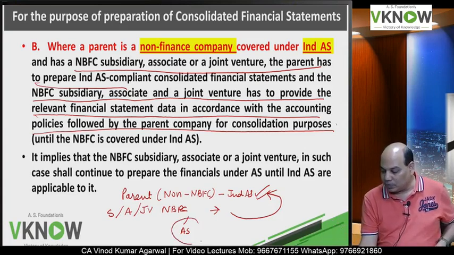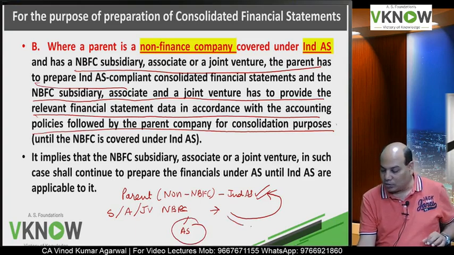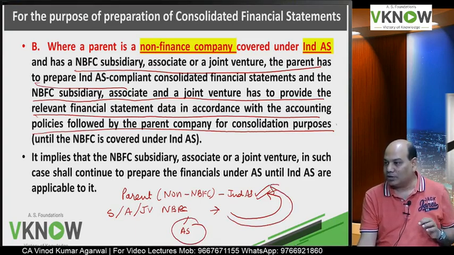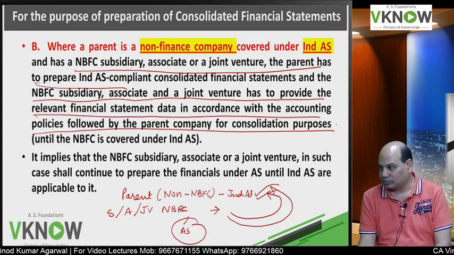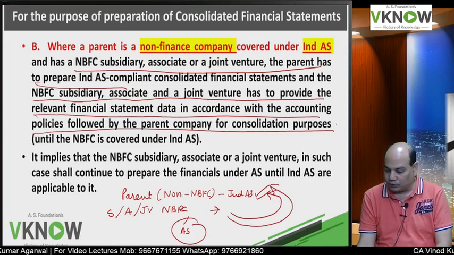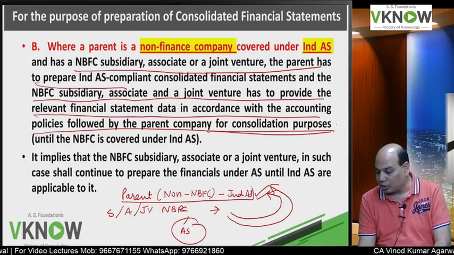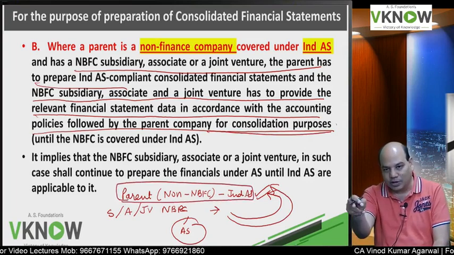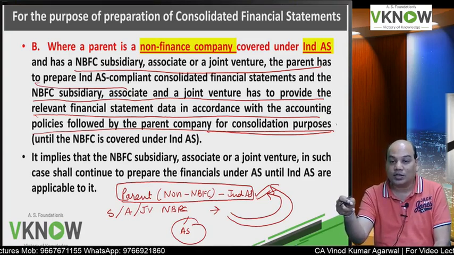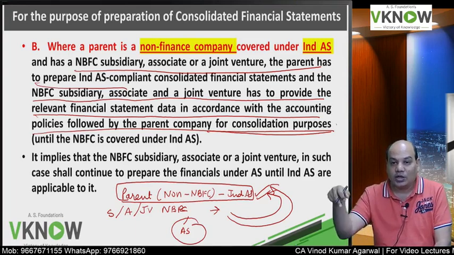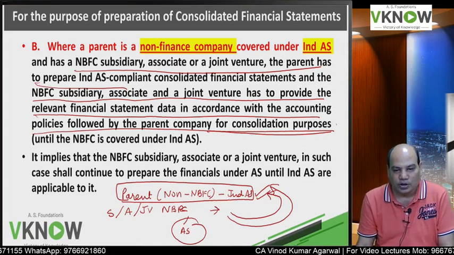So NBFC will prepare one financial statement as per accounting standard and one more financial statement as per Ind AS, only for the purpose of consolidation, because parent company cannot follow accounting standard if Ind AS is applicable. So the subsidiary has to give financial statement under Ind AS for the purpose of consolidation.